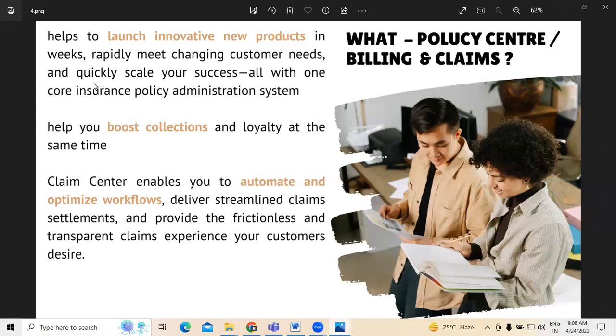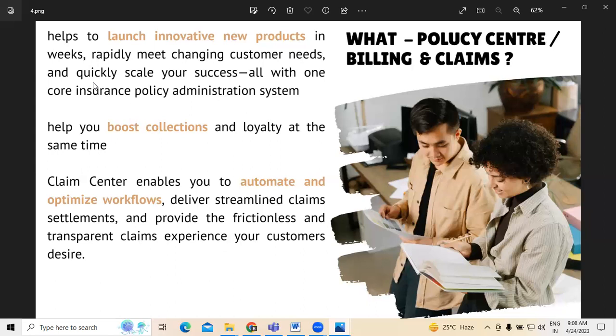For that, they have to scale up to make it more successful, so all this must be in a single core insurance policy administration system. At the same time, it helps boost collections and loyalty.